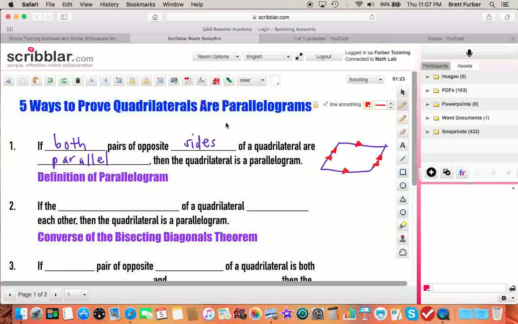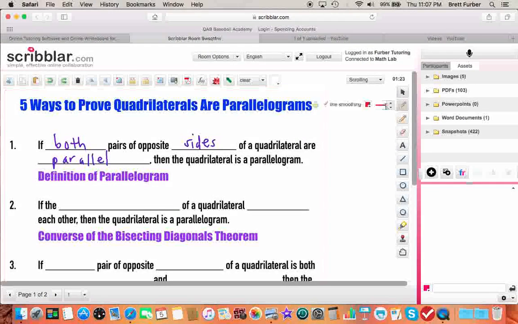Because this says if all that you see are 2 pairs of opposite sides that are parallel, then that is enough information to prove a parallelogram. So that one's kind of an easy one because it relates back to what we learned already about the definition of a parallelogram.